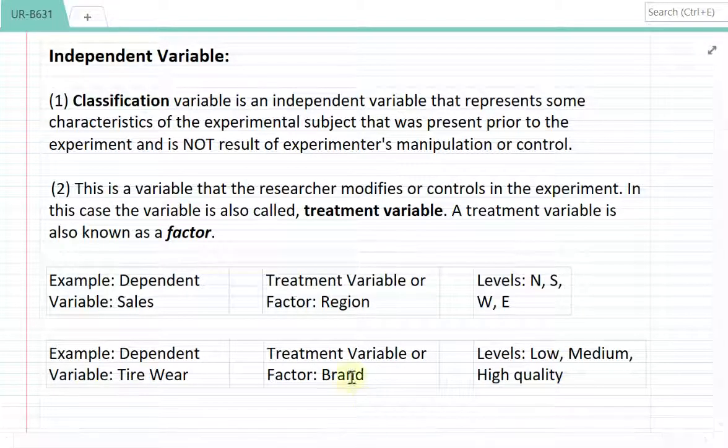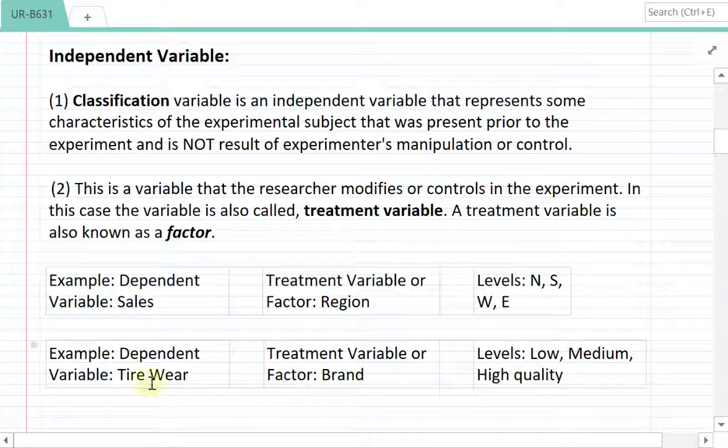We're talking about the brand, and these are the levels of the brand. So we're going to look at the tire wear by, in other words, whether the tire is low grade, medium, or high grade tire. For a given brand, this is going to be, let's say again, Dunlop, or it could be anything.